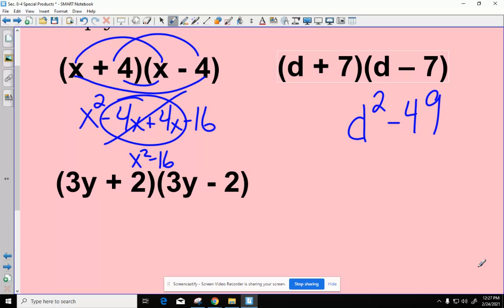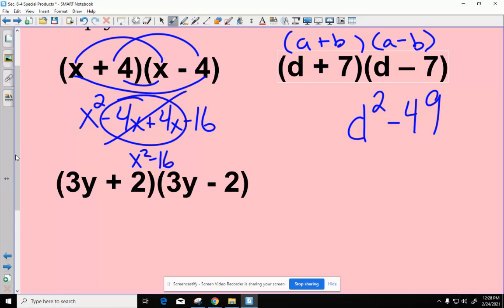That's not squared. Okay, so remember, this is a plus b and a minus b. So the d is in place of the a, so a times a, or d times d, that's how I got d squared. The b's are replaced by 7s right now, so 7 times 7 is 7 squared, or 7 squared is the same as 49.